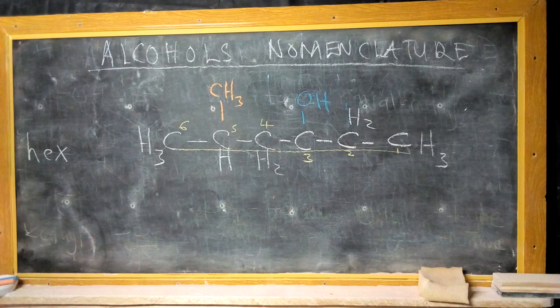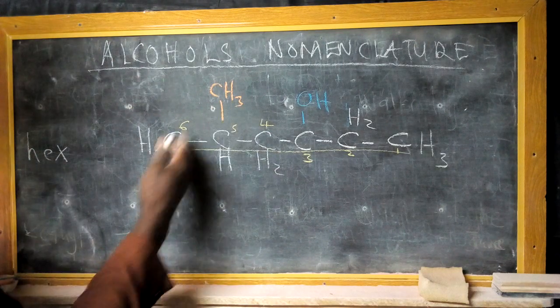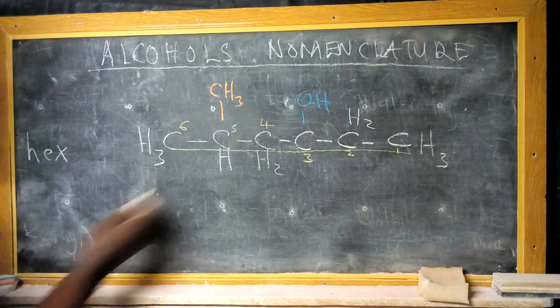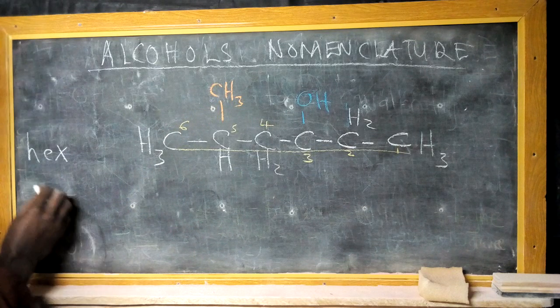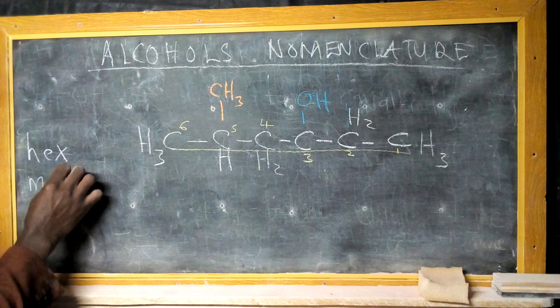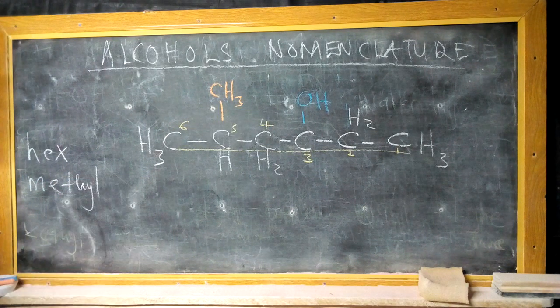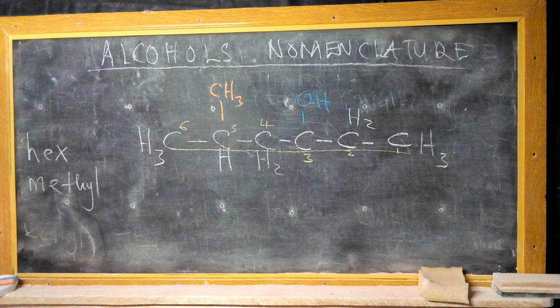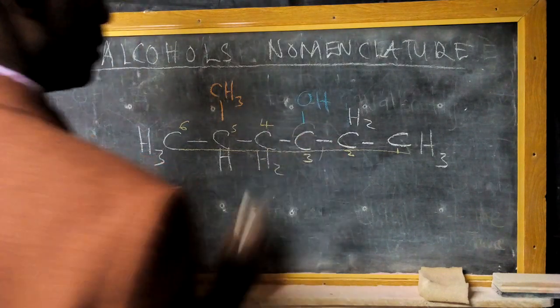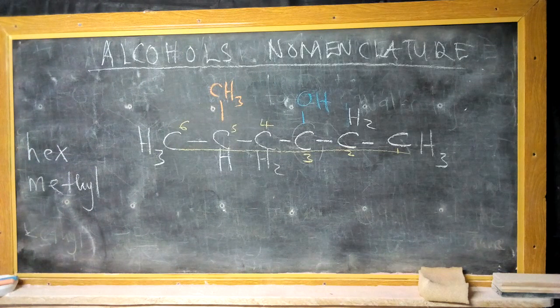And then we have substituents. We said that we can have either this or this. I've chosen this one, which is indicated in this color, as a substituent. So we have a methyl substituent. And the functional group appears in carbon number 3. This is the one that has the functional group.